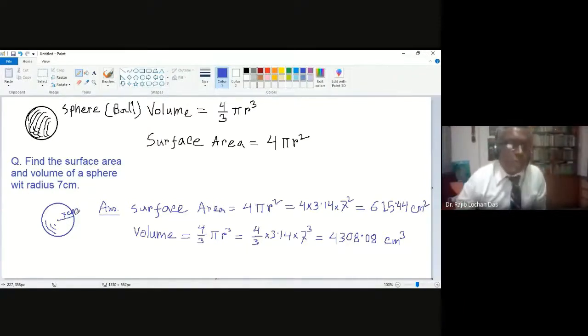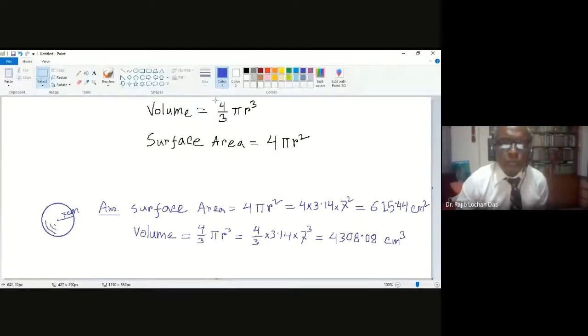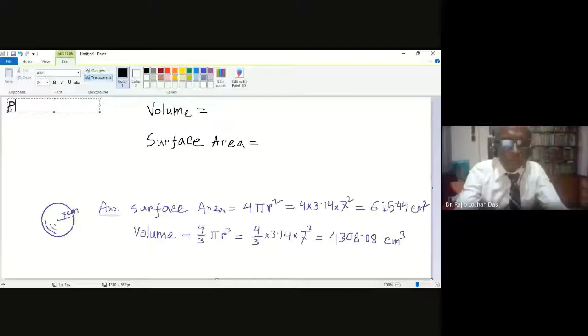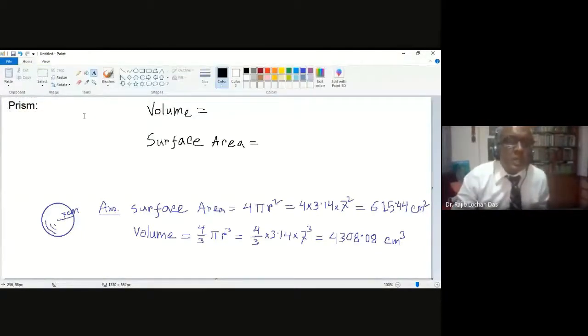Let me go to another shape, another figure. Let me start with prism. The prism formula will be different. What is the prism shape? Prism shape is something in the bottom and the same shape in the top.